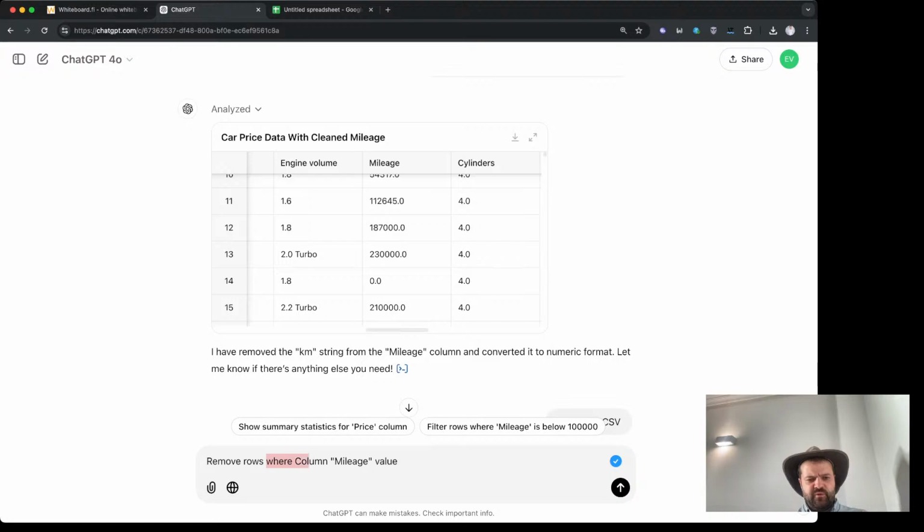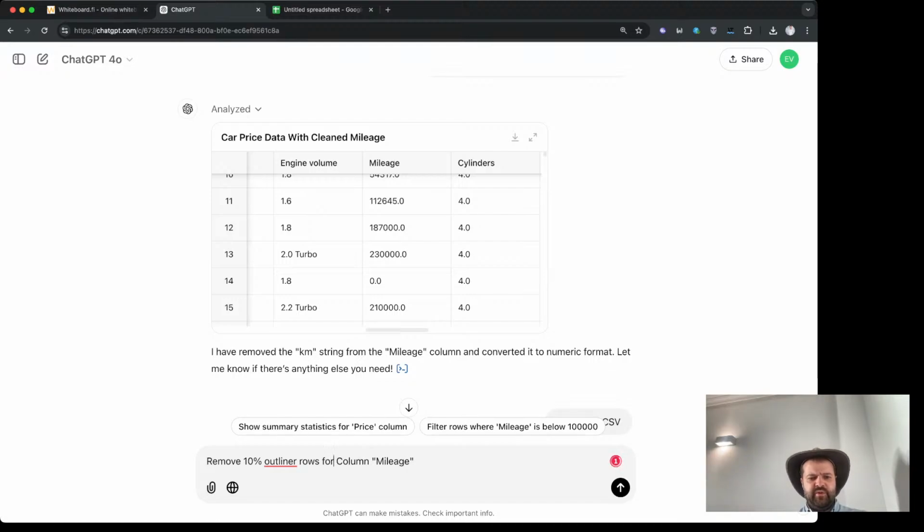So remove rows where column mileage, remove 10% outlier rows for column mileage.